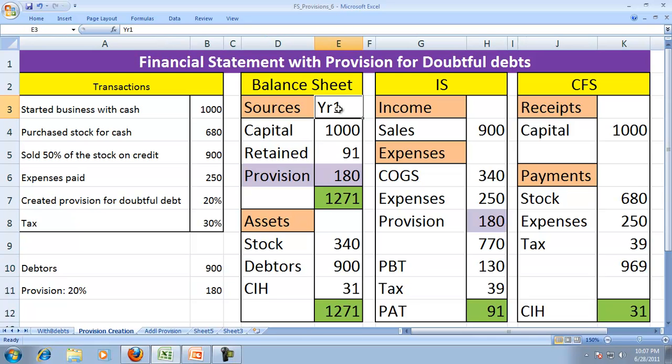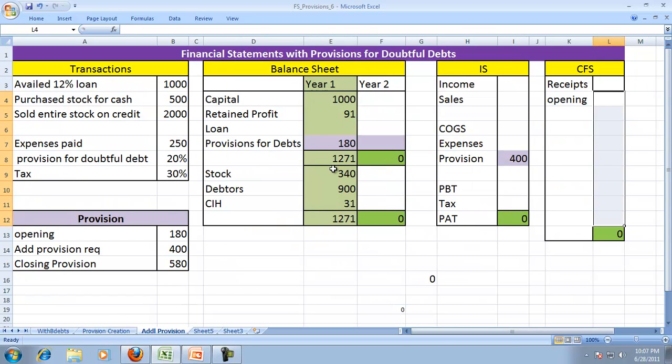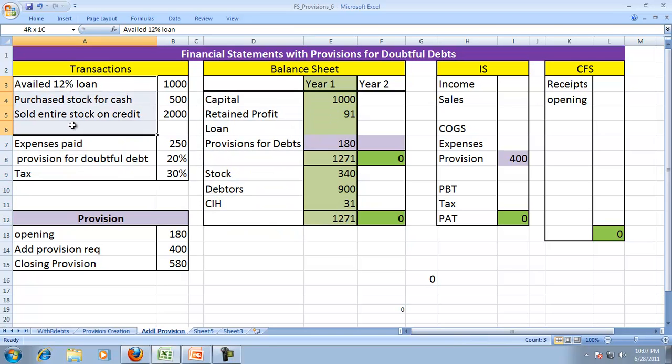So suppose we treat this as year 1, and let us assume that this balance sheet of year 1 is transferred to the next year, the same balance sheet with the same items, and suppose these are the transactions for year 2. And you see that once again you're creating an additional provision of 20%.